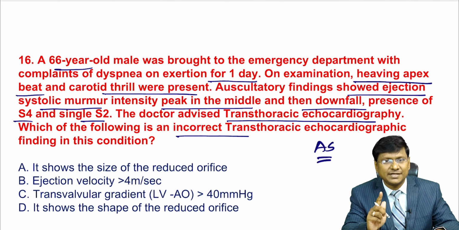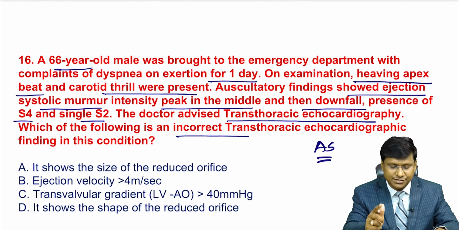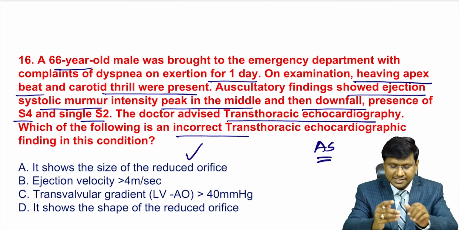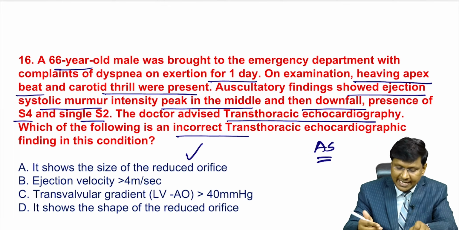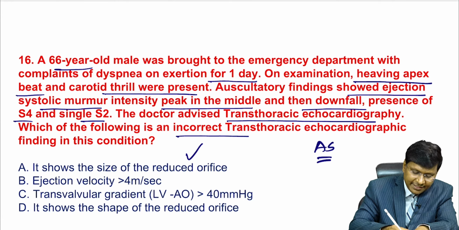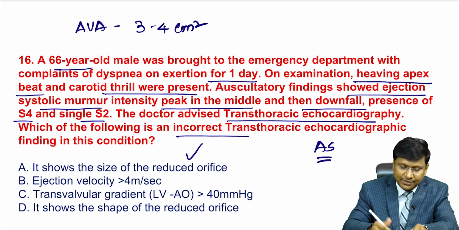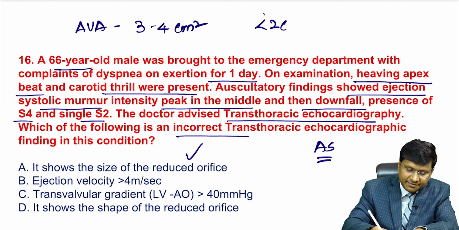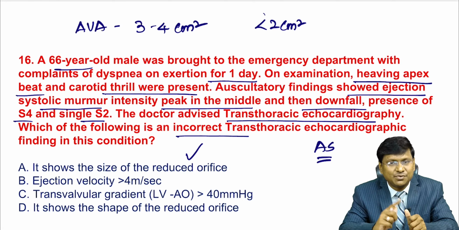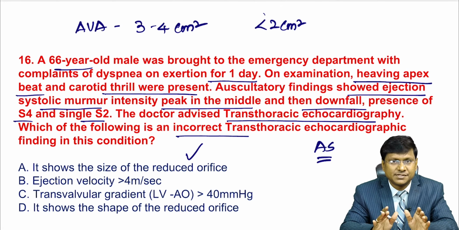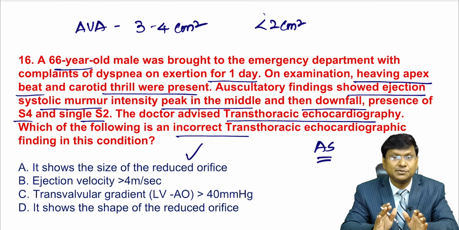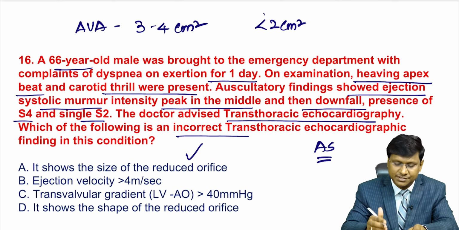Transthoracic echocardiography in aortic stenosis will show you the size of the reduced orifice. The normal aortic valve area is around 3 to 4 centimeters square, right? If the aortic valve area is less than 2 centimeters square, this is suggestive of aortic stenosis.